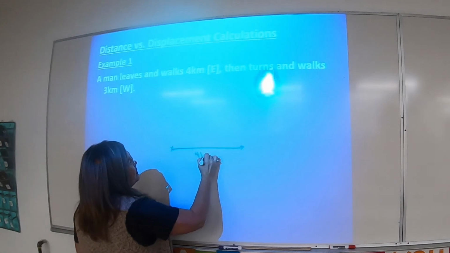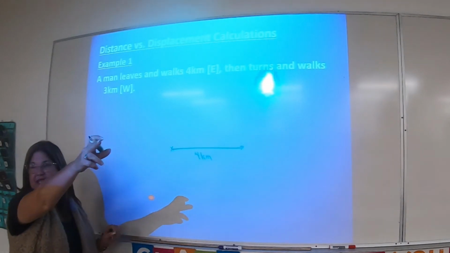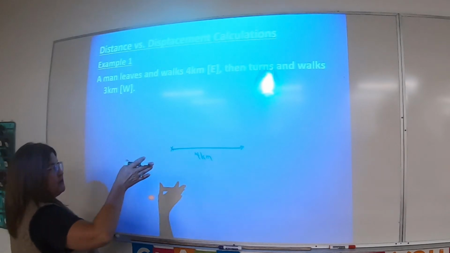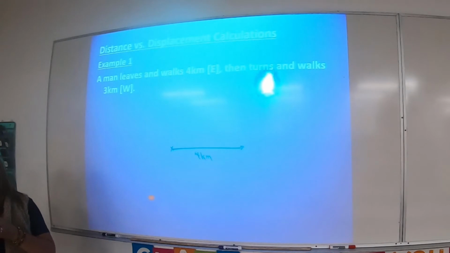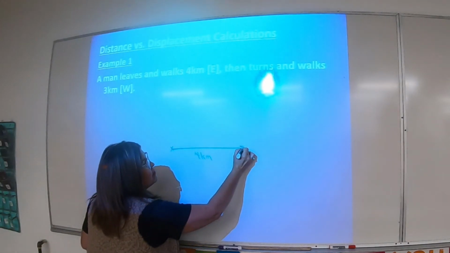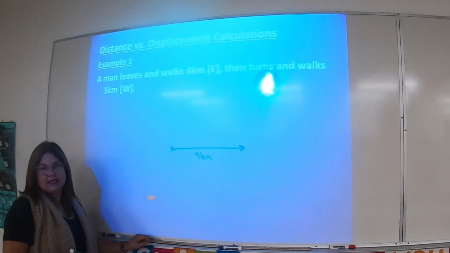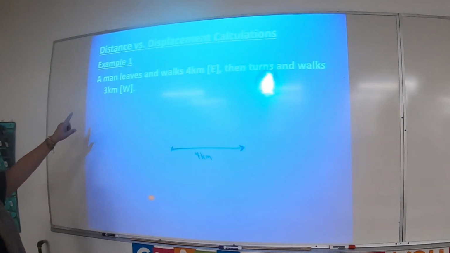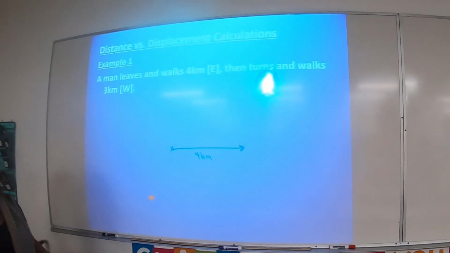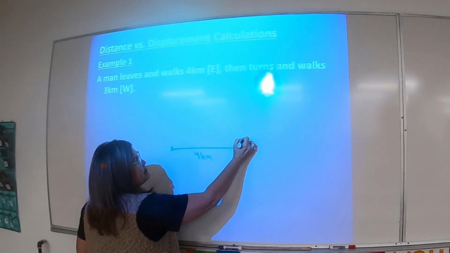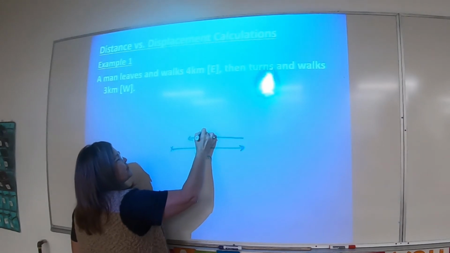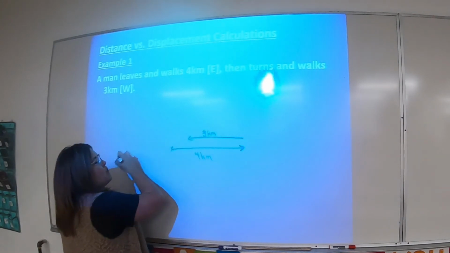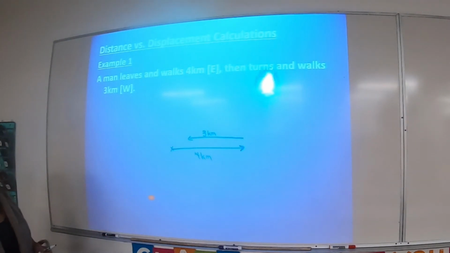I don't have to rewrite the east if I don't want, because the arrow tells me I am going east. Then he turns and walks 3 kilometers west. So from this point, he goes back 3 kilometers west. So that's what my diagram is.